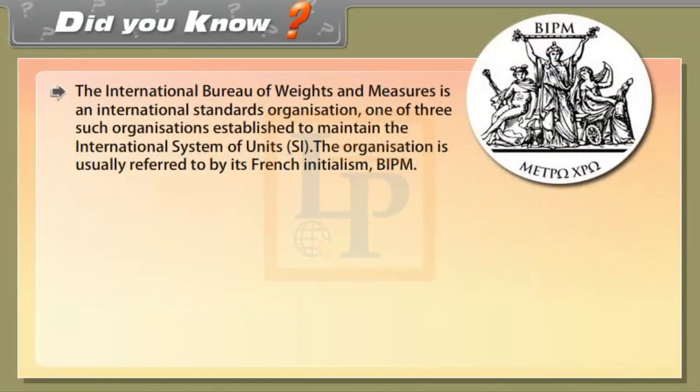Did you know? The International Bureau of Weights and Measures is an international standards organization, one of 3 such organizations established to maintain the International System of Units (SI). The organization is usually referred to by its French initialism BIPM.